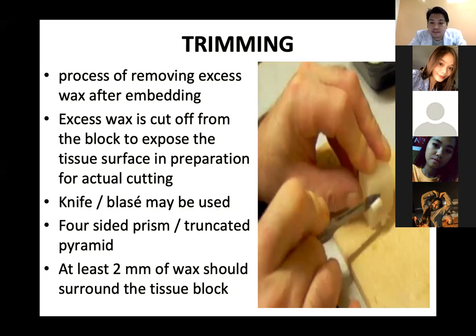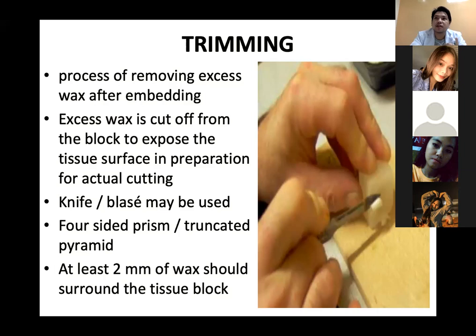And for our last student class participation, the number three question is, out of the embedding molds discussed, what do you think is the best for embedding? What is the best embedding mold used for embedding tissues?